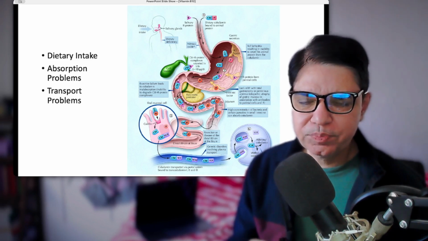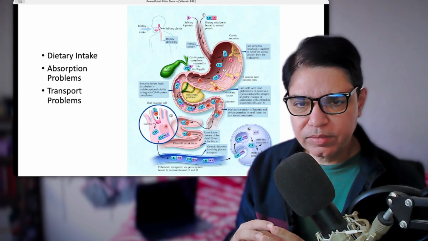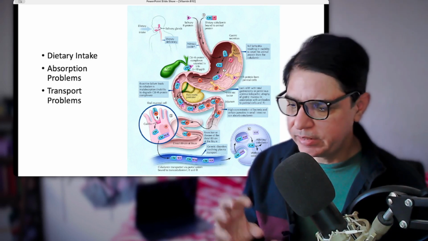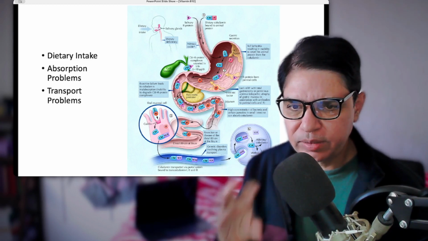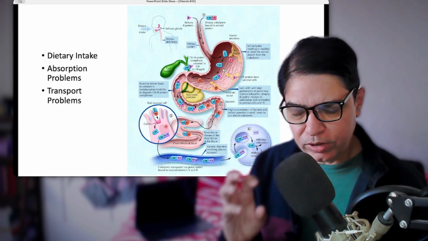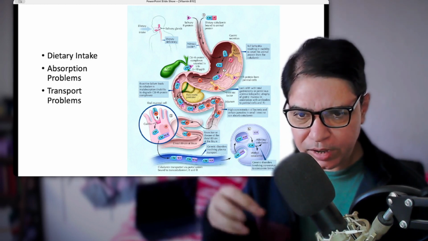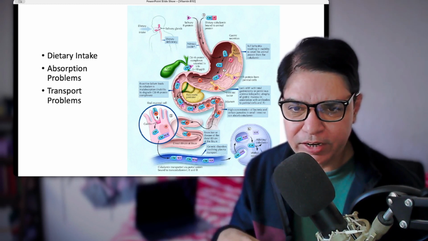And from there, this combination of intrinsic factor and vitamin B12 gets attached to the receptor, and it would attach to the receptor only if intrinsic factor is associated. If the intrinsic factor is not there and vitamin B12 alone comes to this part, it would not get attached to the receptors.